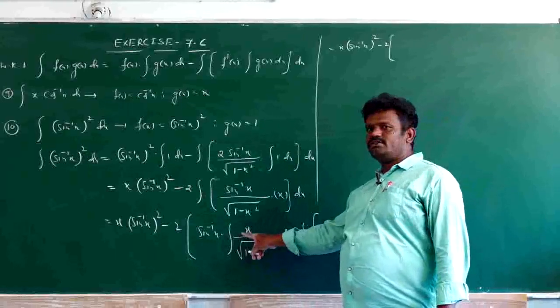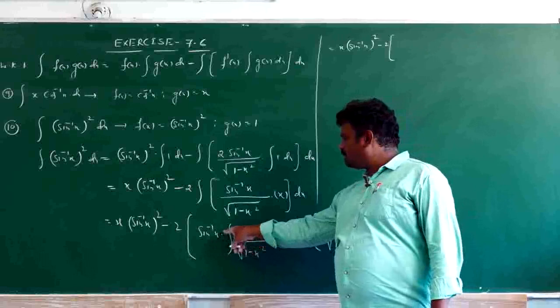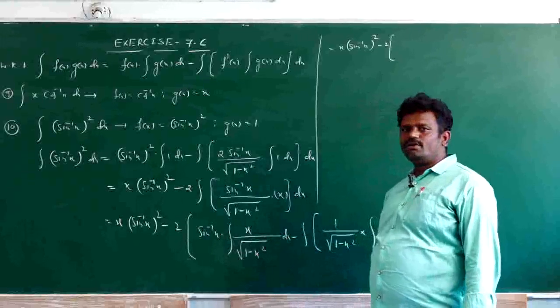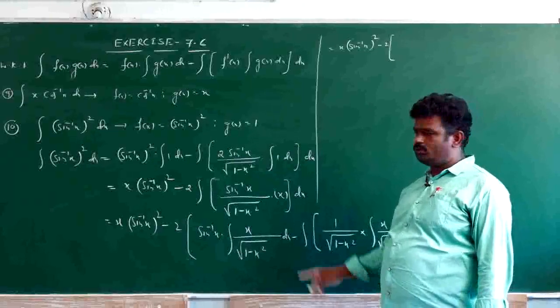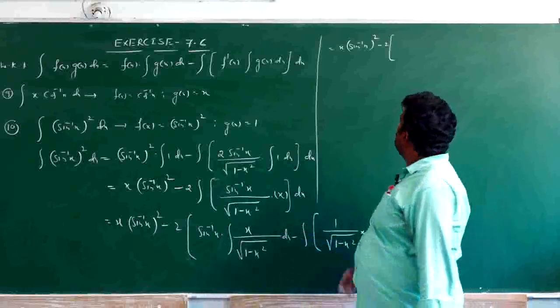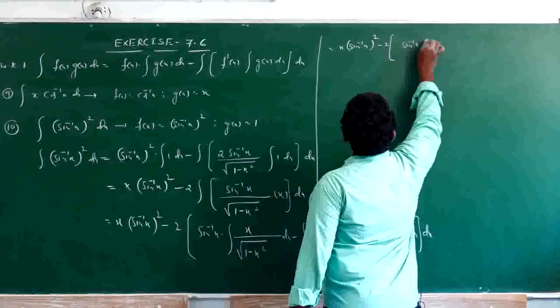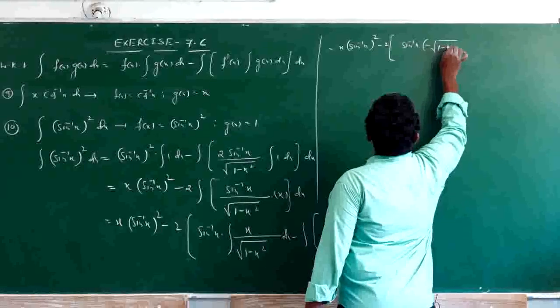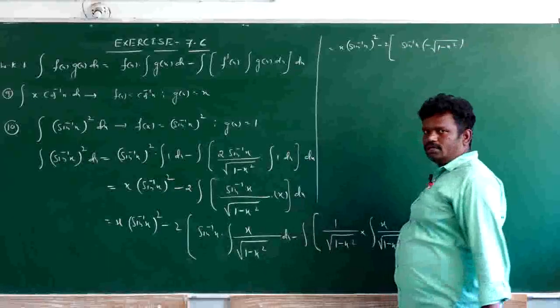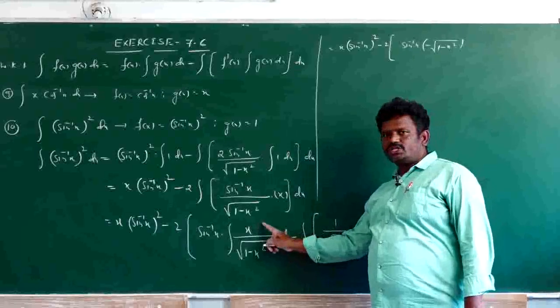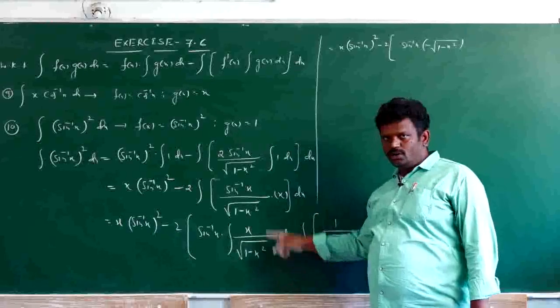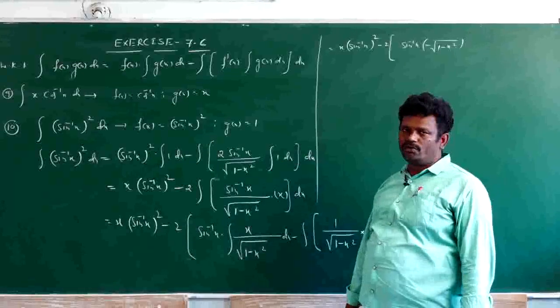We multiply by minus 2 and divide by minus 2, and we get 2 into root of f of x. So finally we get sine inverse of x into minus square root of 1 minus x square. Understood this formula? Integral of f dash of x by root of f of x dx is equal to 2 into root of f of x, already explained.